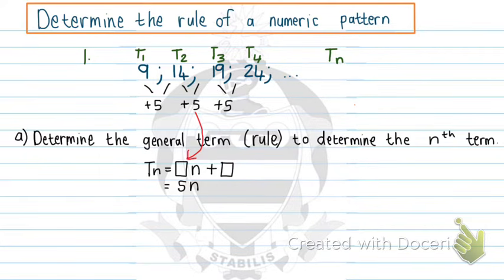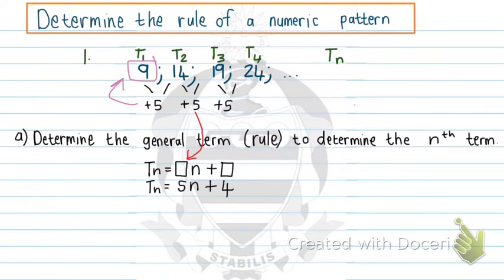I take the first term and ask myself, what do I do to 5 to get to 9? I add 4. So the rule will be Tn is equal to 5n plus 4.